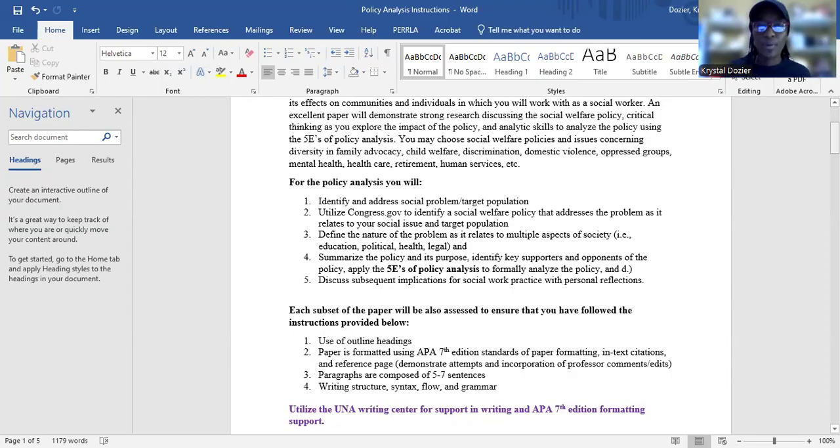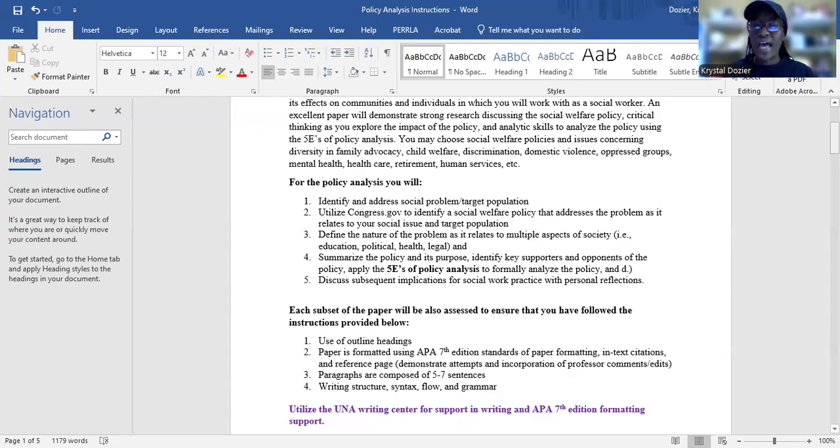You will also summarize the policy and its purpose and identify key supporters, those who said, yes, we need to enact this policy, and those who opposed it, saying no, this policy is not going to be beneficial to society at large.